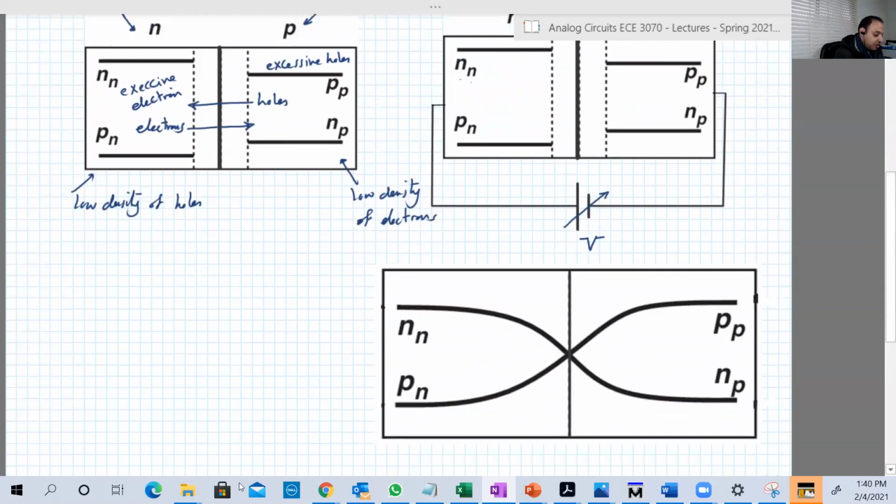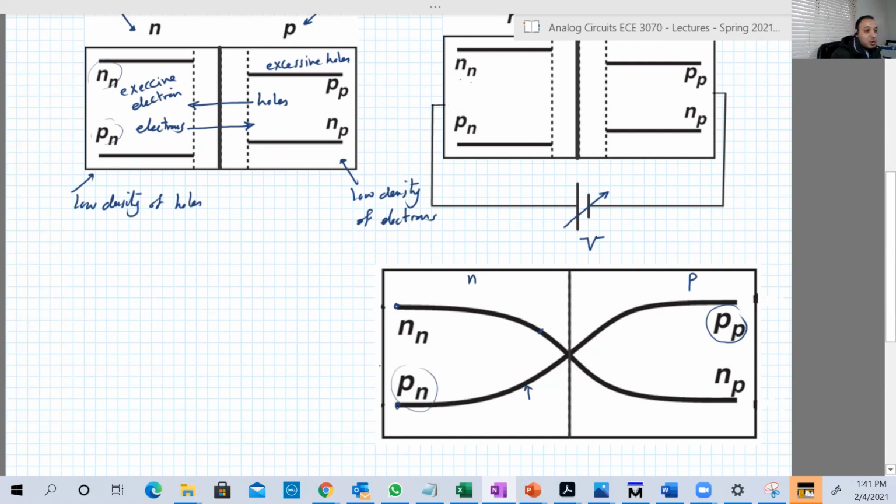In the beginning, you have a constant uniform density of electrons across the whole N-type material, and uniform density of holes across the N-type material. Same for P-type material. But now it's not uniform anymore. So the density here is larger than, for example, the density here. The density here is lower than the density of holes here. This is because some holes from the P side go to the N side.